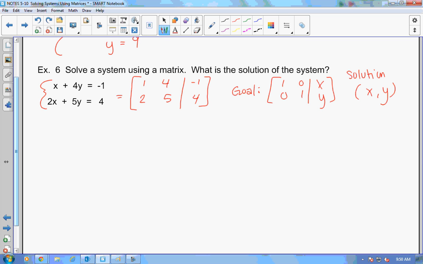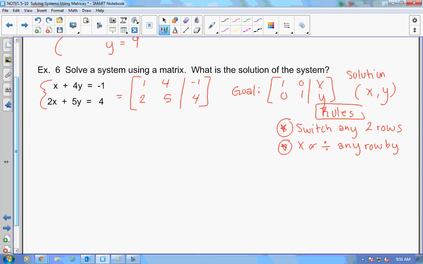So we kind of did this earlier. We have some guidelines we can follow. So here are your rules. You're allowed to switch any 2 rows. You can multiply a row by a constant, or divide any row by a non-zero constant.